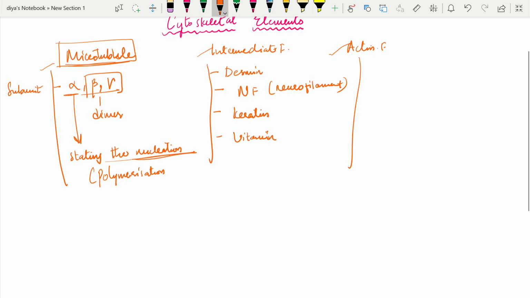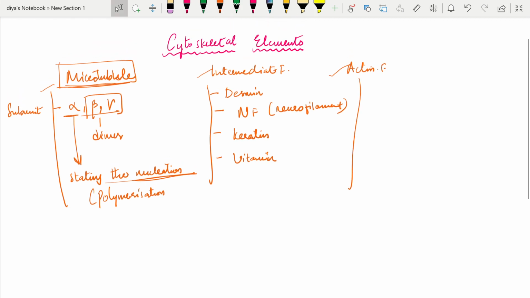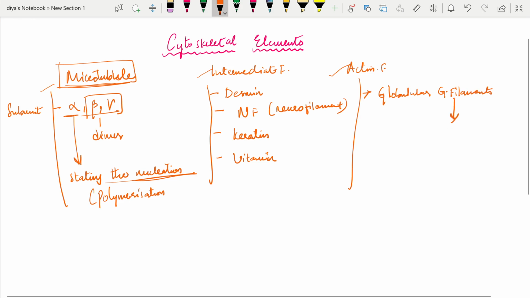The actin filaments are formed from globular actin, sorry, G actin, to F actin.